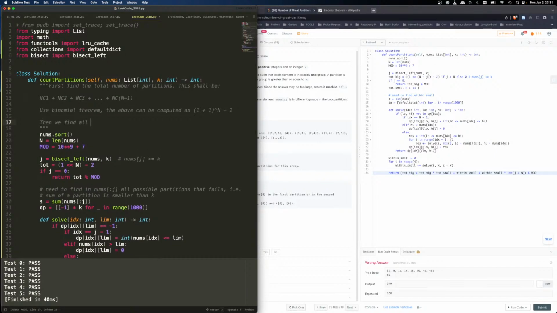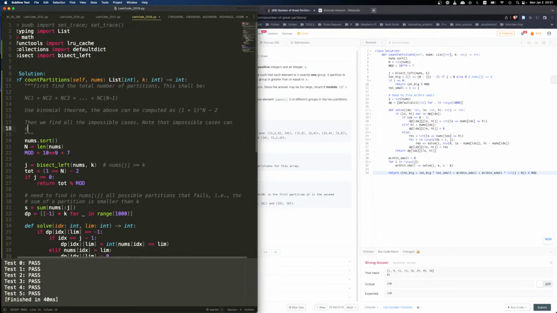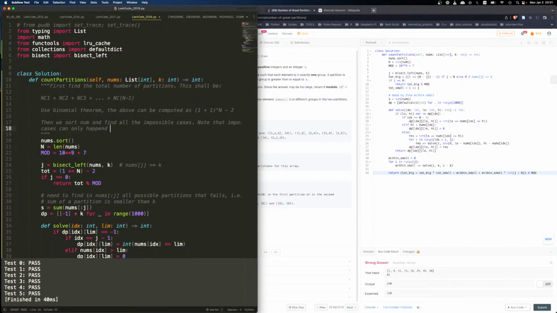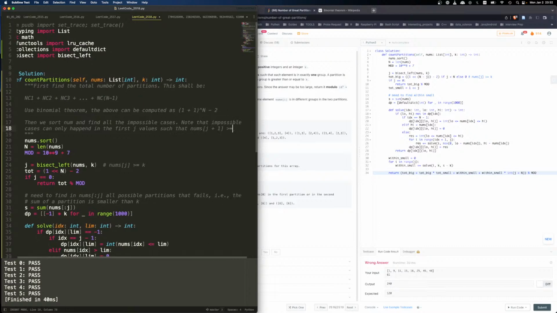Then we find all the impossible cases. Note that impossible cases can only happen if we sort nums and find they can only happen in the first j values, where j is such that nums[j+1] is larger or equal to k.